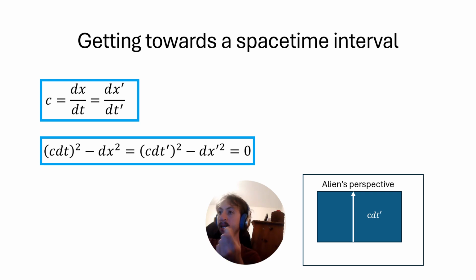Now, from the alien's perspective, the alien considers himself, relative to at least the carriage he's on and the light beam, to be stationary. So he just thinks he's sending the light beam vertically upwards. The motion of the train can be completely ignored, because from the alien's perspective, the train and the carriage he's in are stationary.